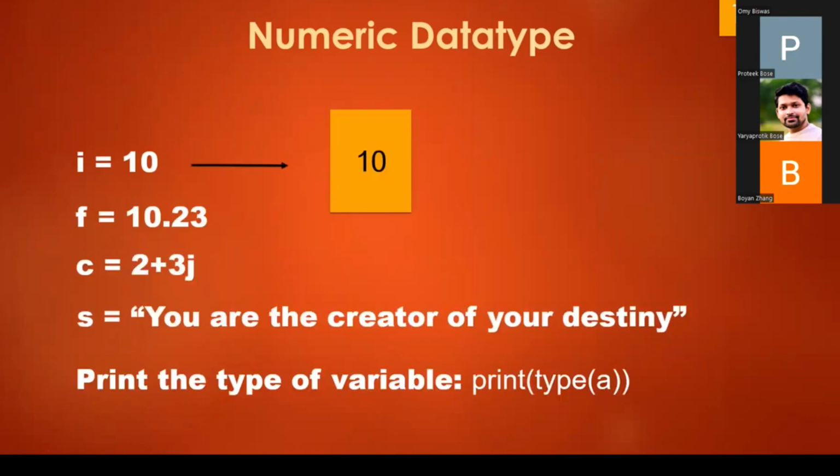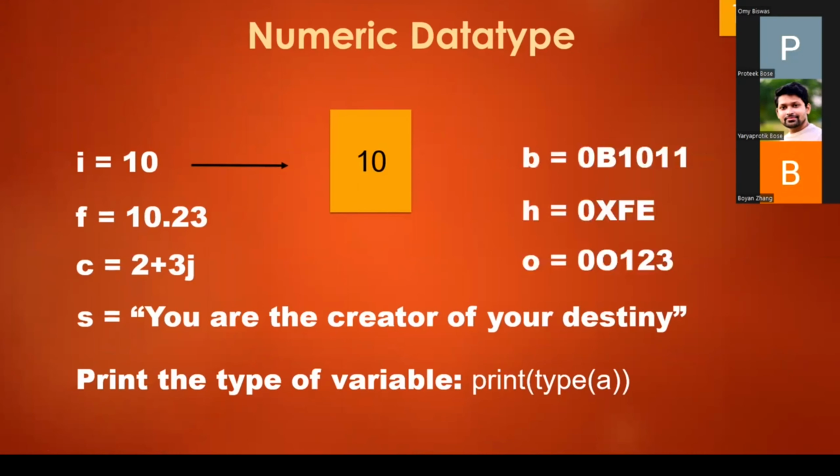So as I explained how data types work, when you are writing a program and you want to know what kind of data type it is, you have a built-in function known as type, which can help you understand the type if you are not aware.